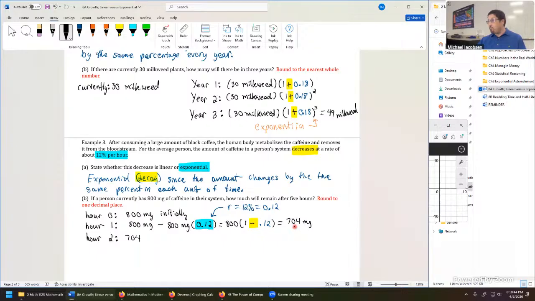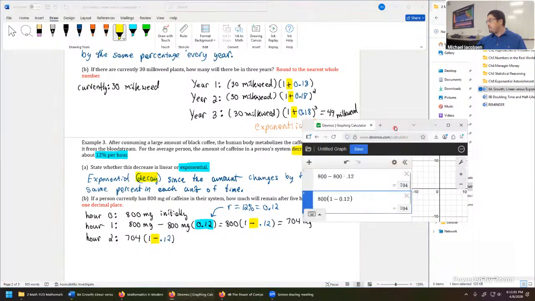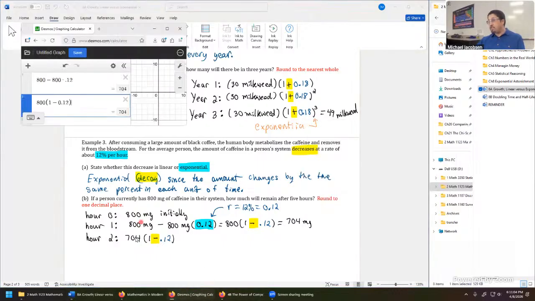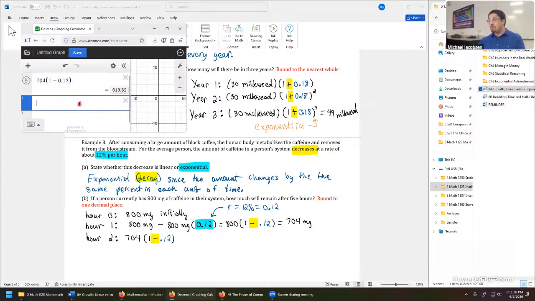If it's decreasing by 12% per hour, we can jump to this step right here, multiply it by 1 minus 0.12, and just redo that new computation below right here. So if we took that step, again, we're saving some time because we didn't write 704 twice. So that helps out a little bit. It would be 704 times 1 minus 0.12. So that's the new amount of caffeine in the system in milligrams.